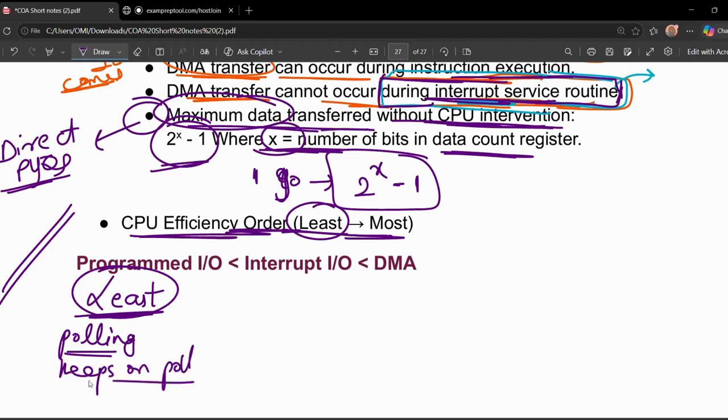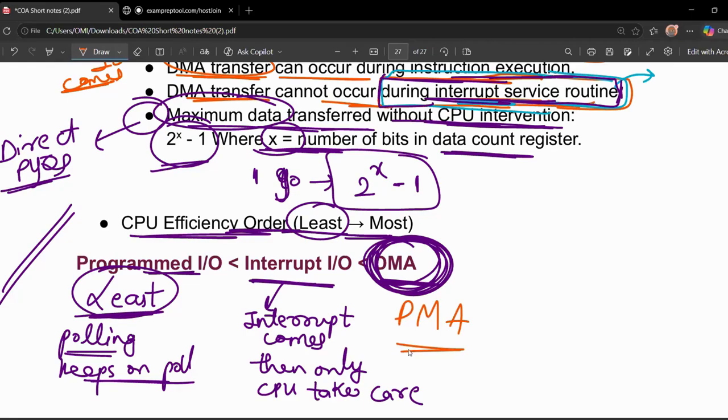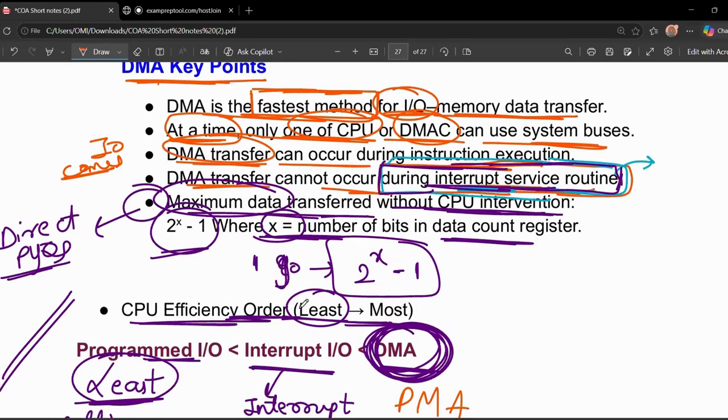Then interrupt I/O is somewhat more efficient, because the CPU takes care only when an interrupt comes. And the most efficient is DMA.